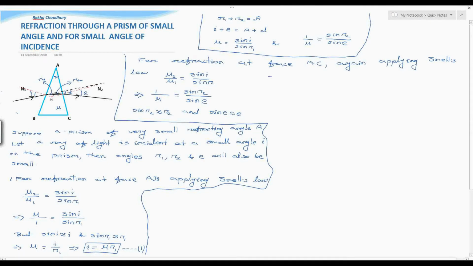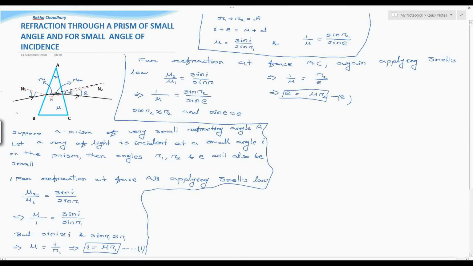So this implies 1 by mu is equal to R2 divided by E. This implies E is equal to mu R2. So let us write this as equation number 2.